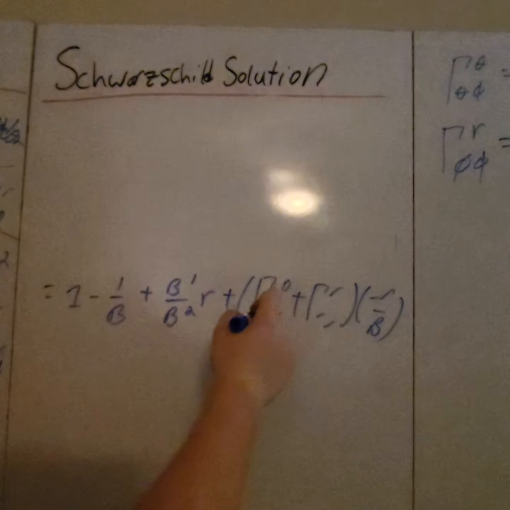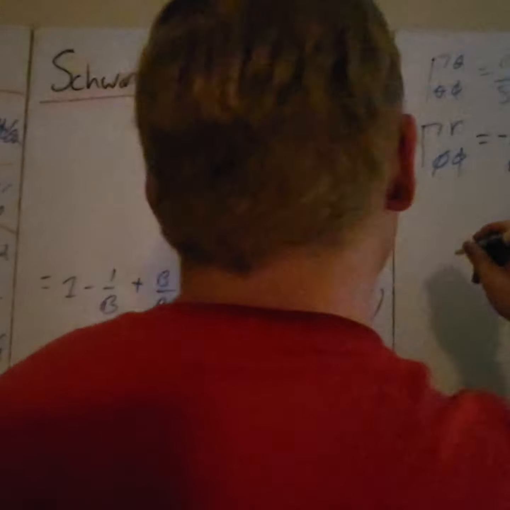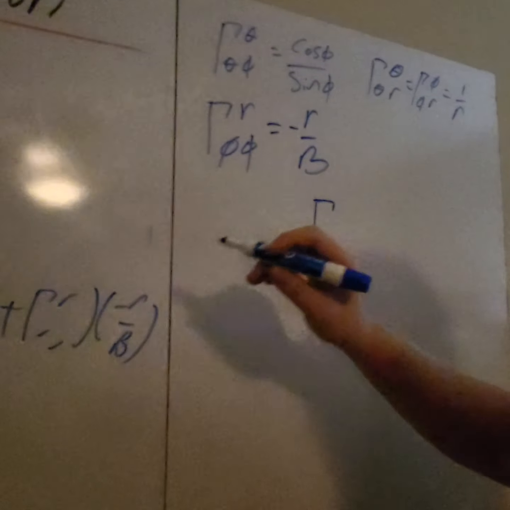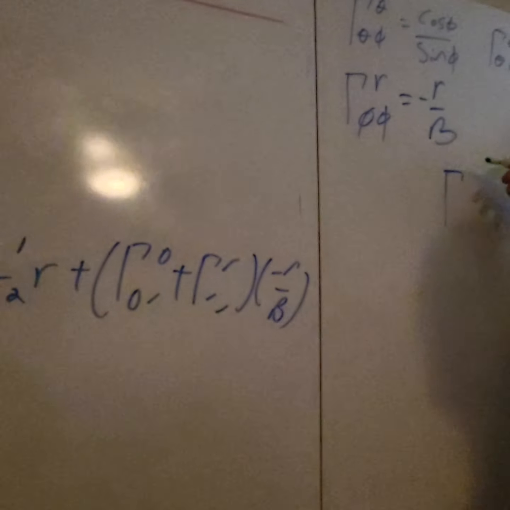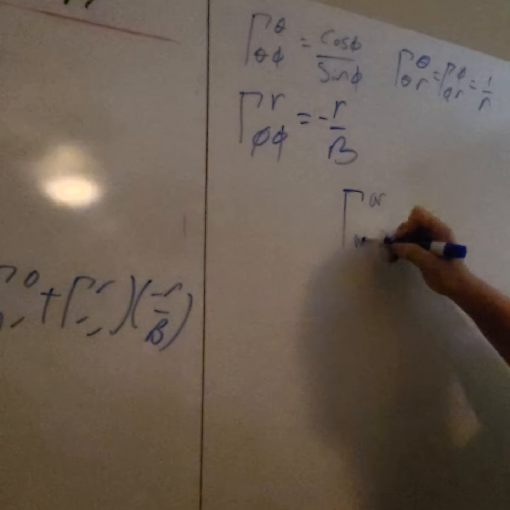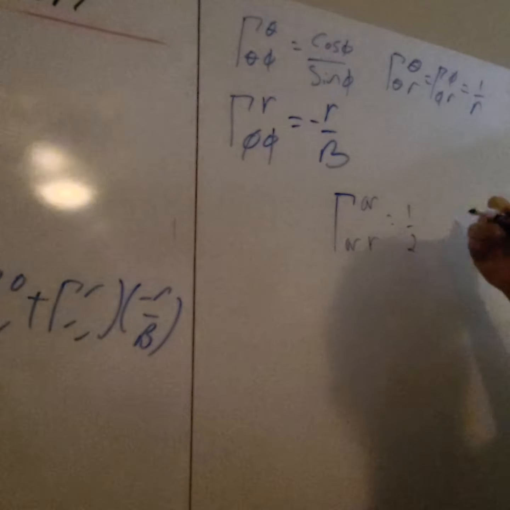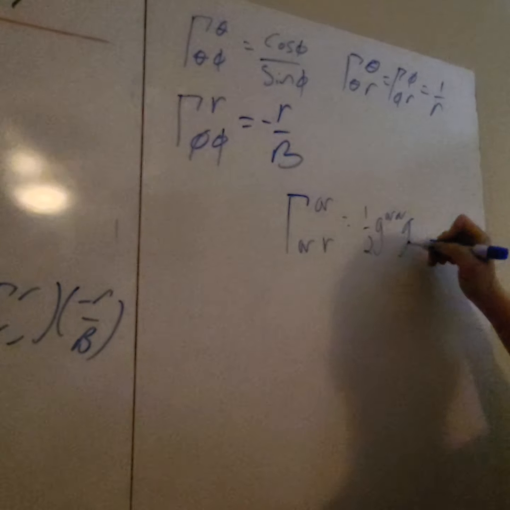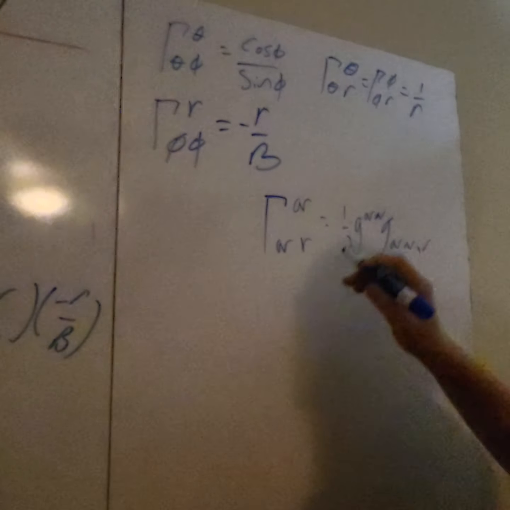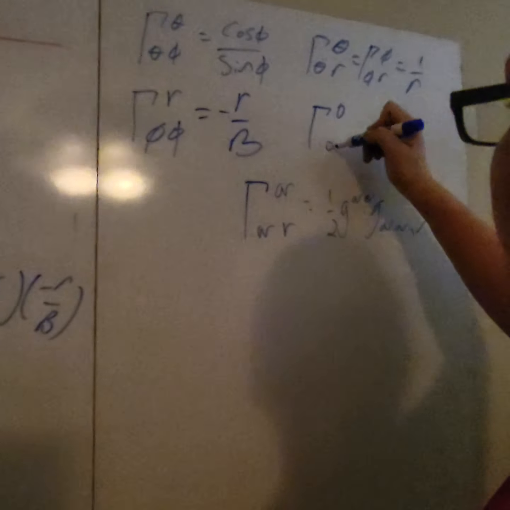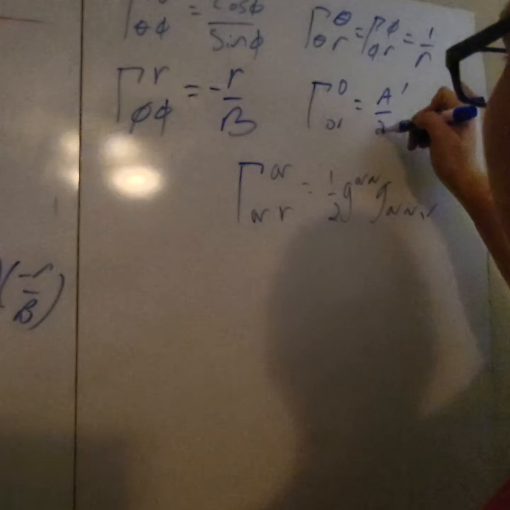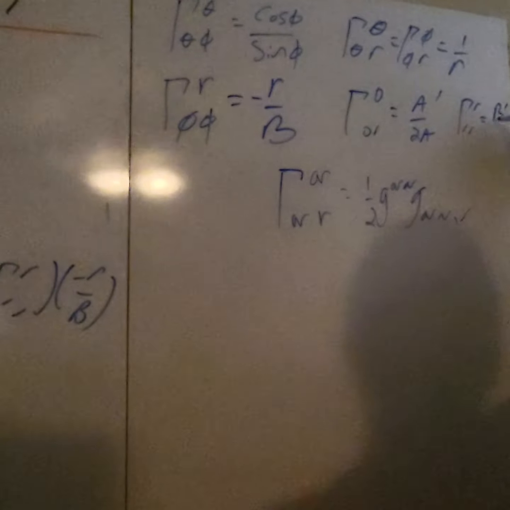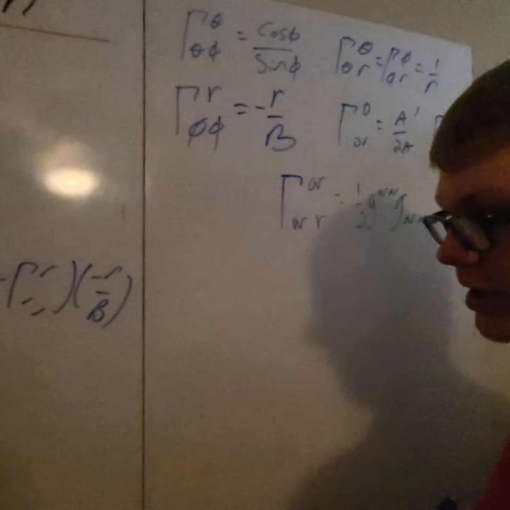I'm going to go ahead and write down this term over here. So any of the 0, 0 and the RR terms, it's just G A over R. So in that case, 0, 0 R is equal to A. Is equal to B prime over 2B.